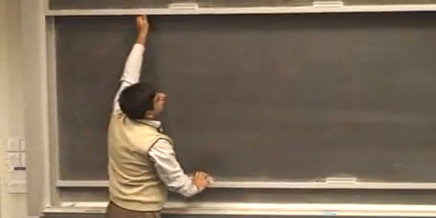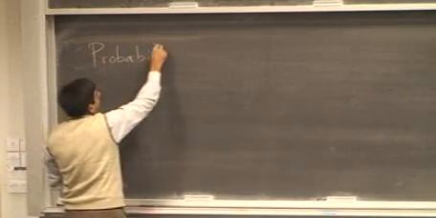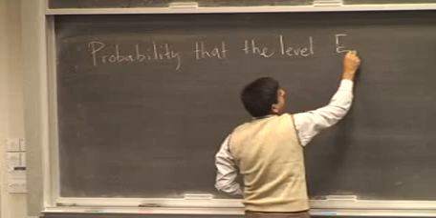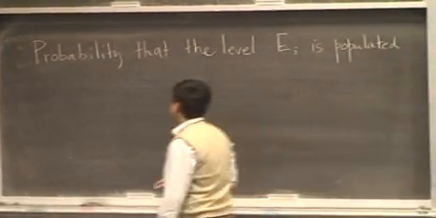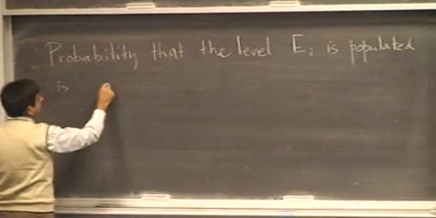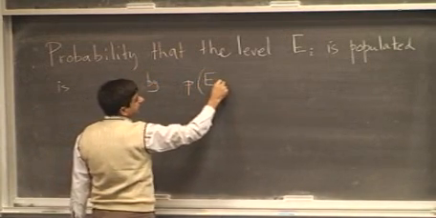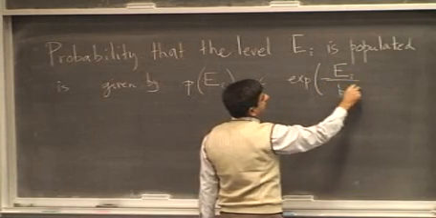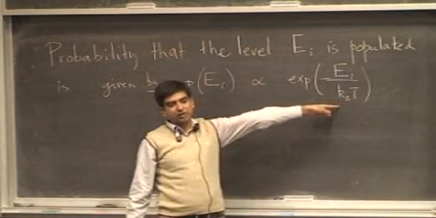So what Boltzmann proposed was that the probability that the level Ei is populated, the probability of occupancy of Ei, is proportional to exponent minus Ei over kBT, where T is the absolute temperature and kB is a constant that is honored after Boltzmann.